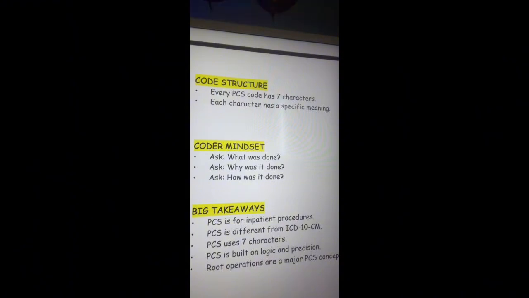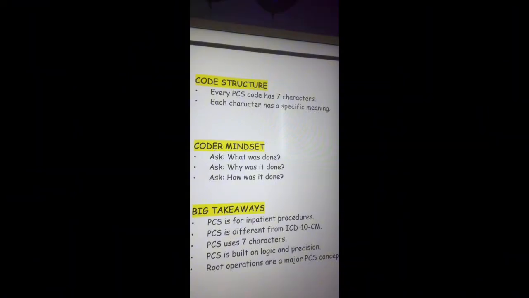But again, like I tell you guys, you don't have to diagnose a patient. That is the responsibility of that attending physician. Okay? And you do not have to make up things in PCS. If the OT report or the procedure is not clear, then again, we send a query for clarification. All right?